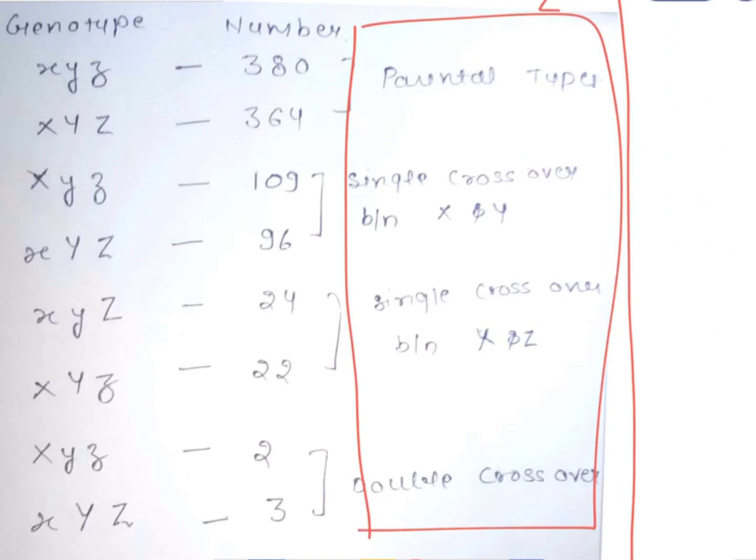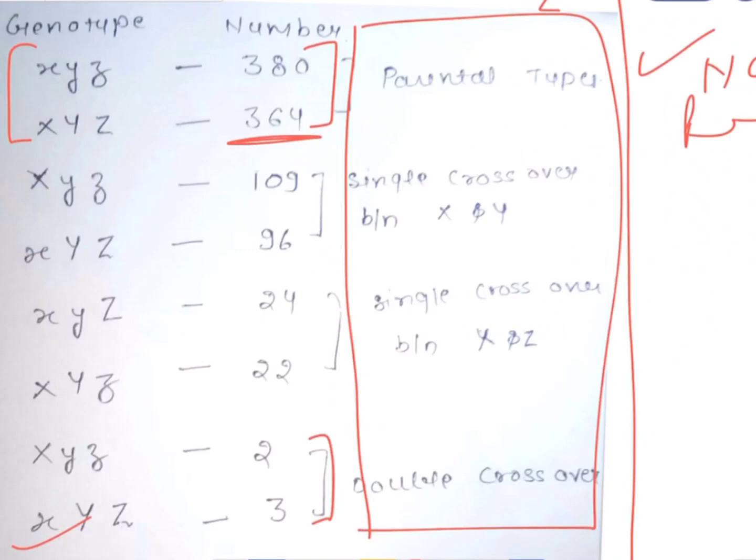Now we have to observe the genotypic frequencies of the genotypes. Always remember, the maximum frequency always represents the parental types or non-recombinant types, and the lowest frequency always represents the double crossovers.